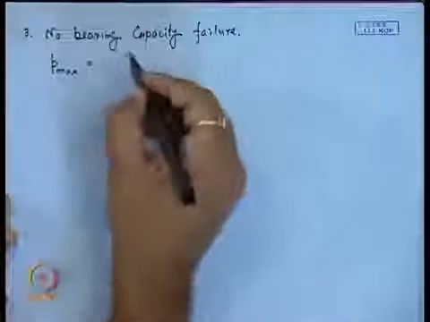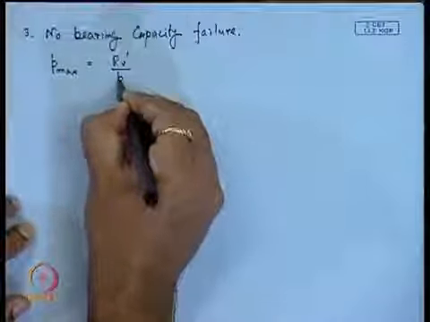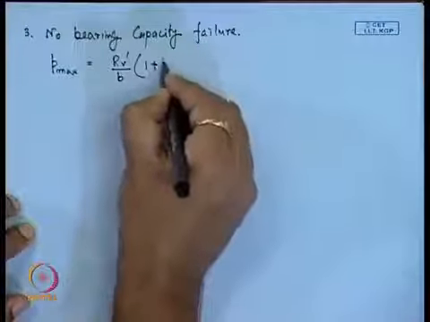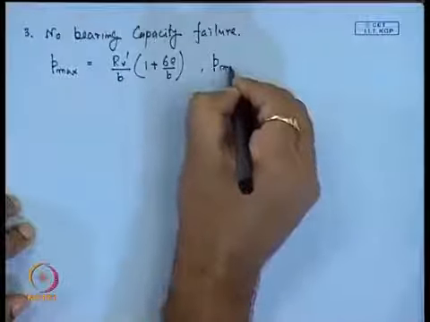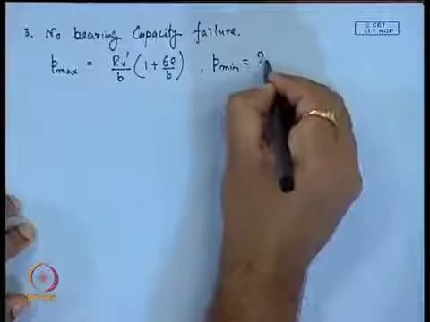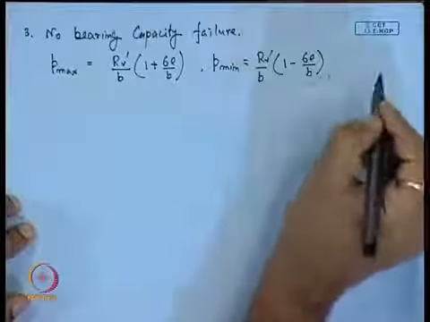So, we have to check whether this soil is capable of taking the load of this retaining wall, including the soil pressure that is coming on that foundation soil. For that purpose, we have to calculate the stress P max of the soil, that is R_v', the summation of vertical force, divided by the width of the retaining wall into 1 plus 6e divided by B, and P min is R_v' divided by B into 1 minus 6e divided by B.